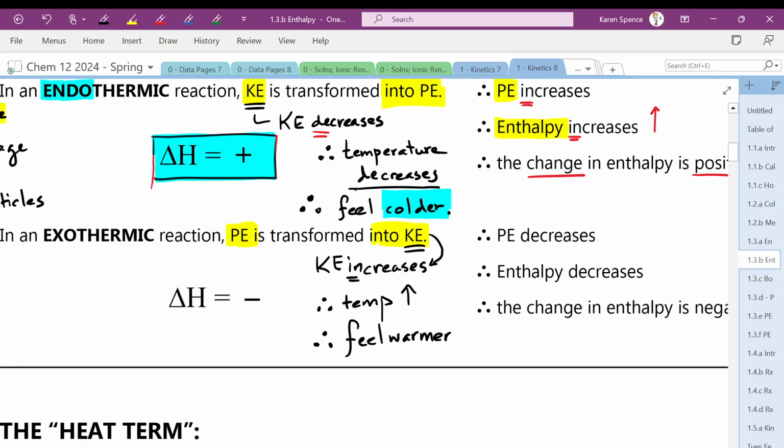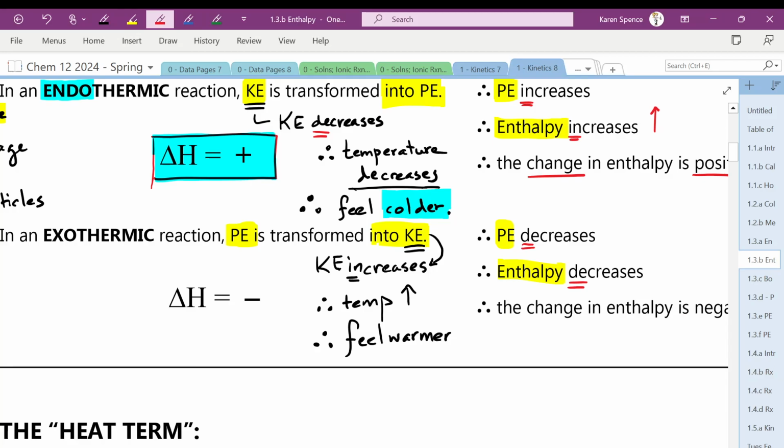All right. So potential energy is now decreasing. The potential energy decreases, and therefore the enthalpy, which we're going to think of as the potential energy, also decreases.